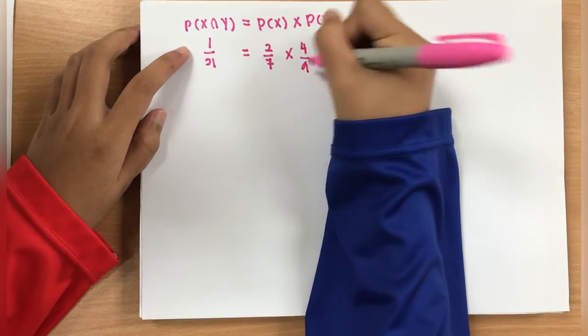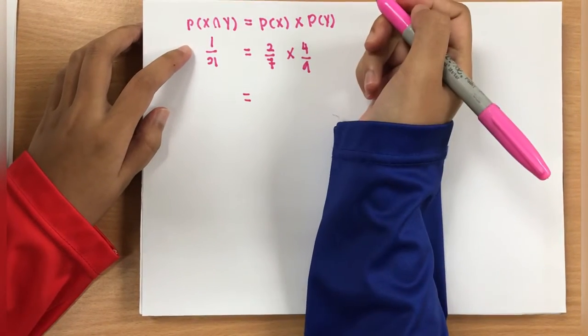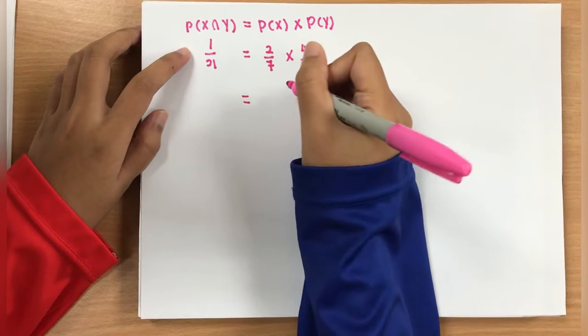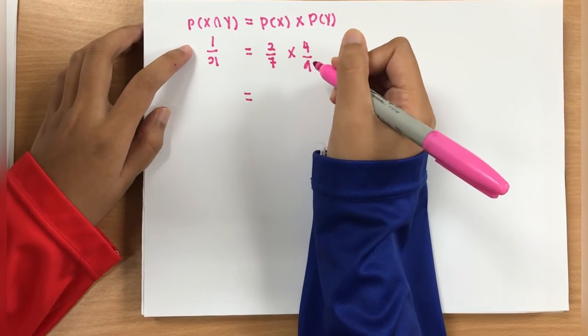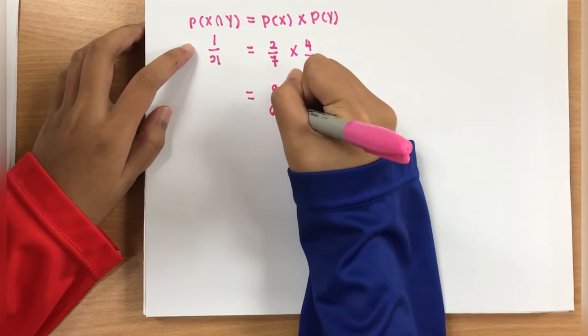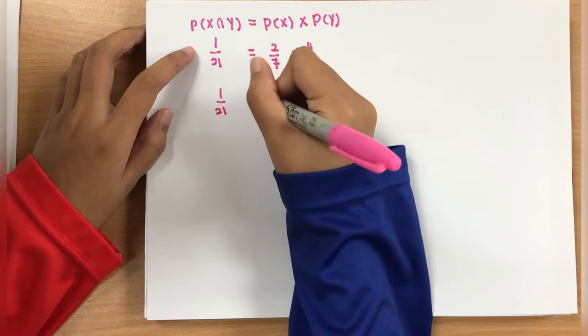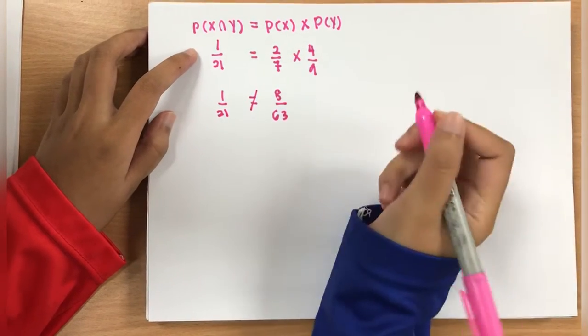We calculate P(X) multiplied by P(Y), and we get the value 8/63. The value is not the same.